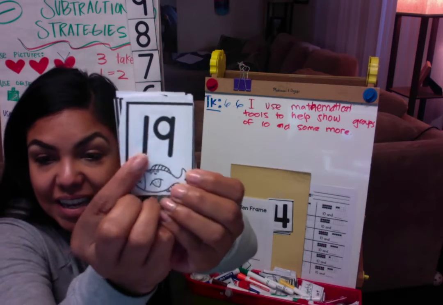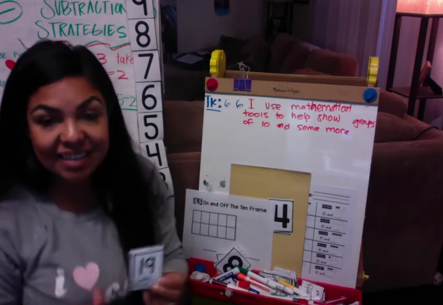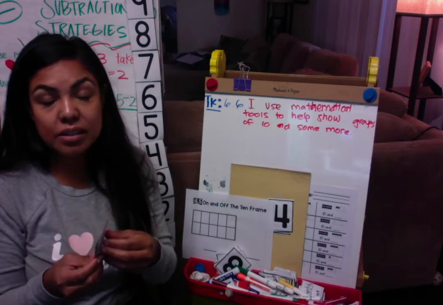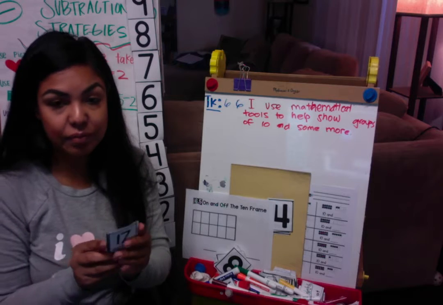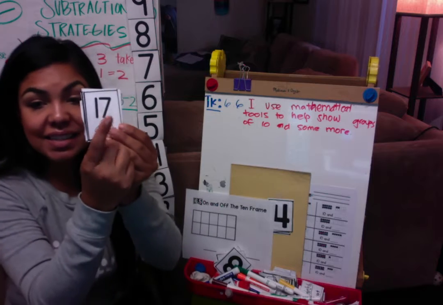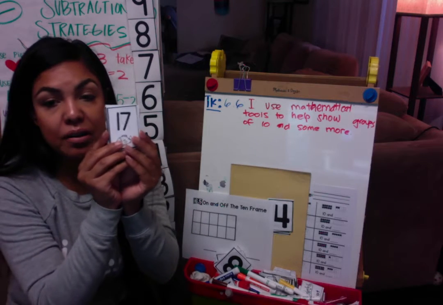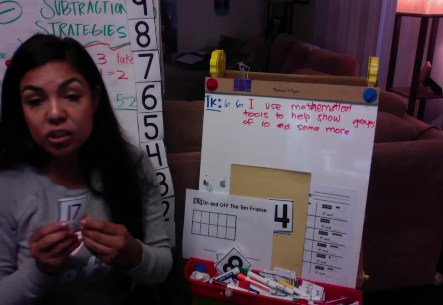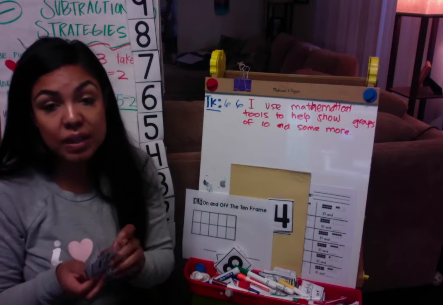I have 10 and 9. Okay. I want you to read those cards to your partners. Here I have 10 and 7, or number 17. So read those cards to your partners.